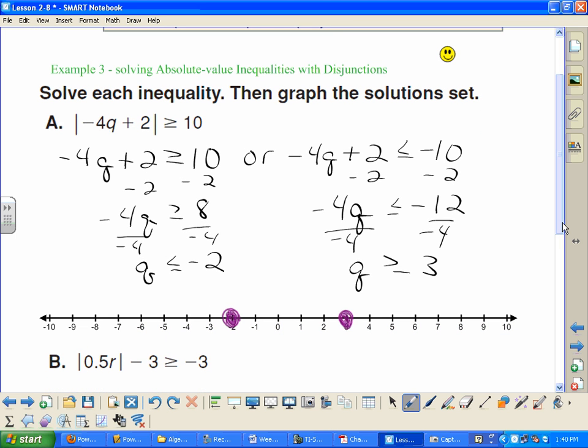And since it says or, then we're going to go away to the left and to the right: q greater than or equal to 3, or less than or equal to negative 2. All right, so the big thing is when we change it to negative, you've got to remember to switch the direction of the inequality sign to start with. Okay, so that's the biggest part there.